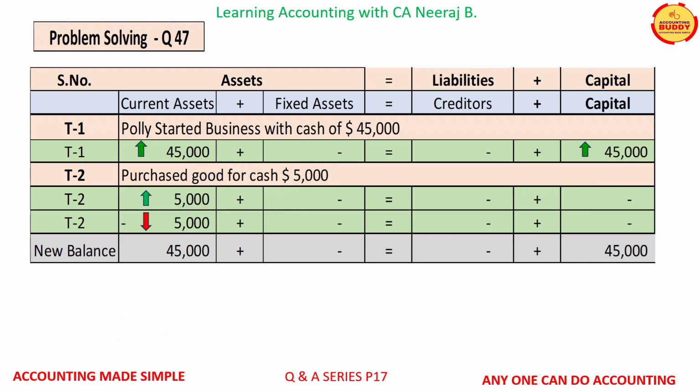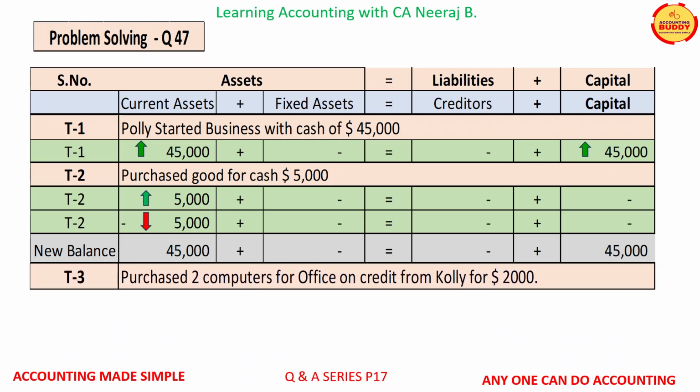The new accounting equation post T2 transaction will have $45,000 as assets and $45,000 as capital. Transaction T3 on your screens is Polly purchased two computers for office use on credit from Cooley for $2,000.